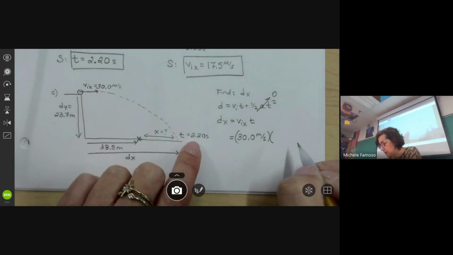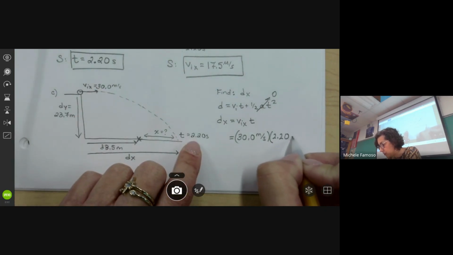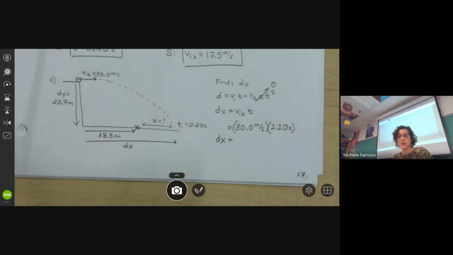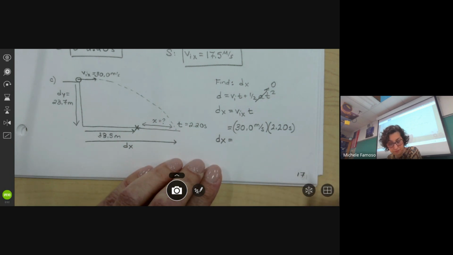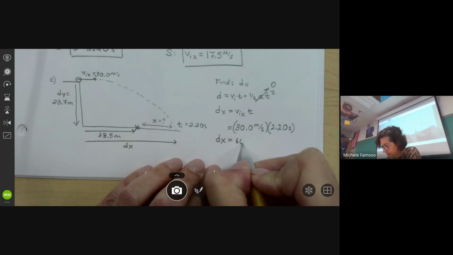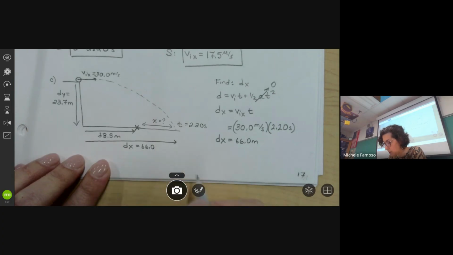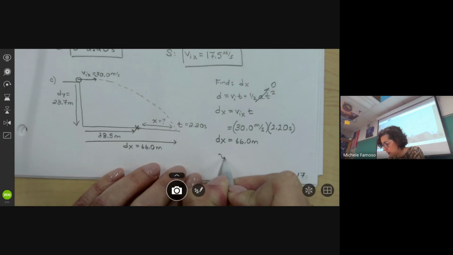The time it spends in the air is 2.20 seconds, which means that the motorcyclist is going to land how far from the base of the cliff? Please, can you tell me what that total range is? That's right. So we just found that to be 66.0 meters.